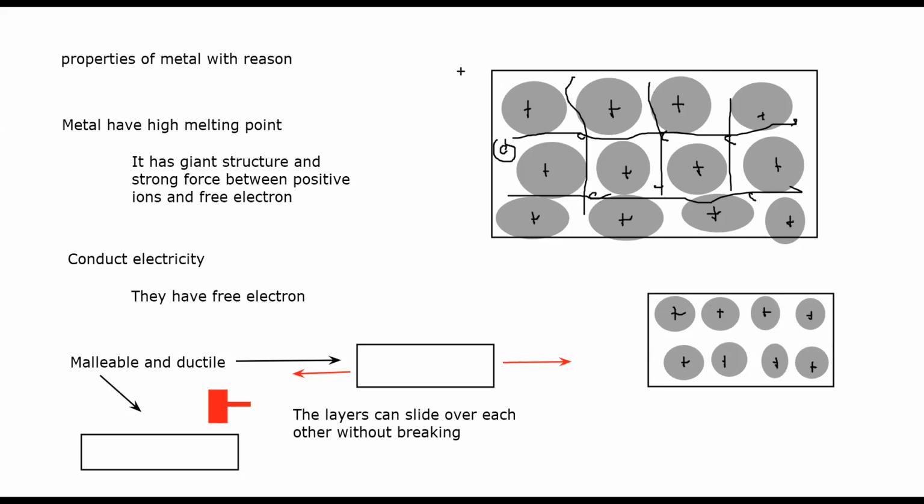When you apply force, basically the layers can slide over each other. This is one layer represented by a red shade, and the second layer represented by a blue shade. So when you apply force, the layers actually slide past each other, and it will not break. The layer will remain the same, but it will slide over. One layer can slide over another.